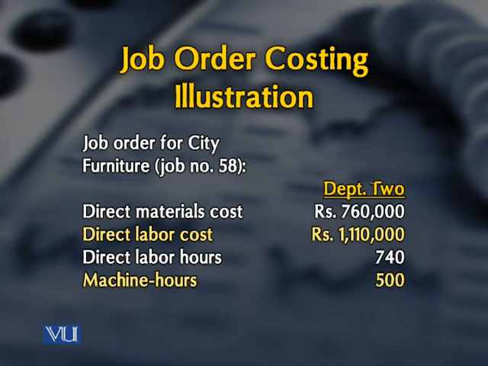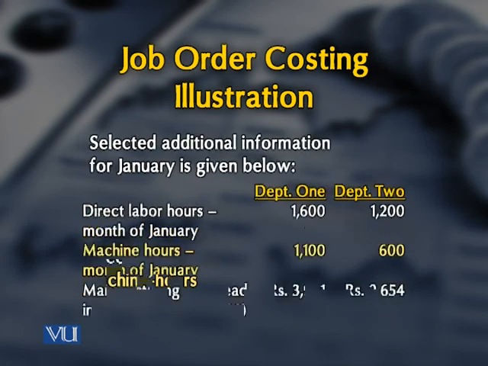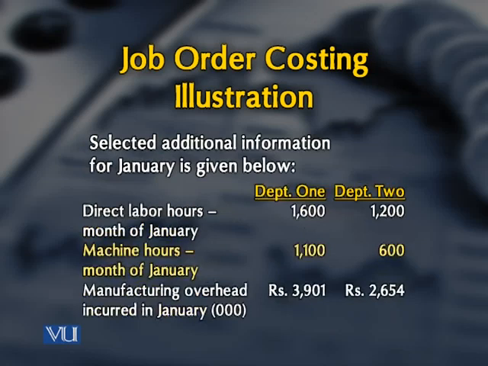Note that in Department 1 we are going to use a machine hour rate, and we are going to use a labor hour rate in Department 2. Now, selected information for January is given below. Direct labor hours for the month of January are 1,600 hours in Department 1 and 1,200 hours in Department 2. Machine hours for January are 1,100 hours and 600 hours.